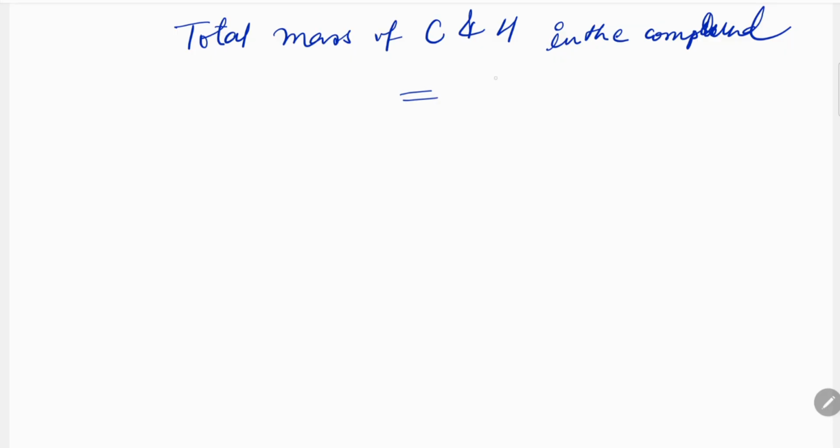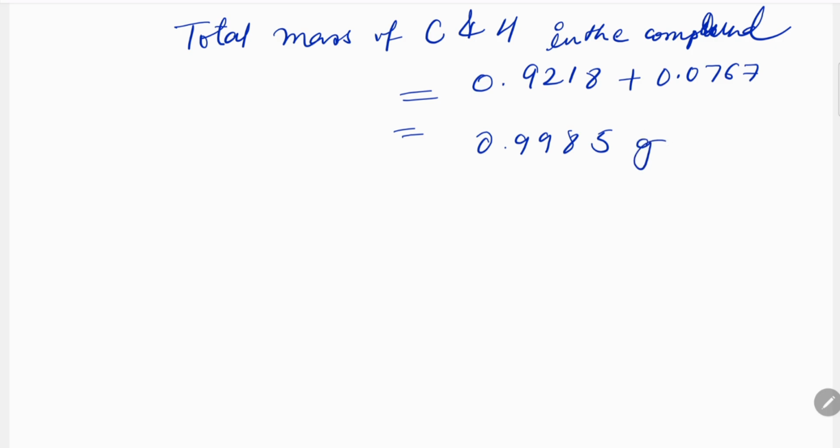So the masses: carbon was 0.9218 plus 0.0767, right? You add it, it becomes 0.9985 gram, right? So it is the mass of the compound. The mass of the compound is given now. So we can calculate the percentage of carbon or percentage of hydrogen. First we will calculate the percentage of carbon in the compound.